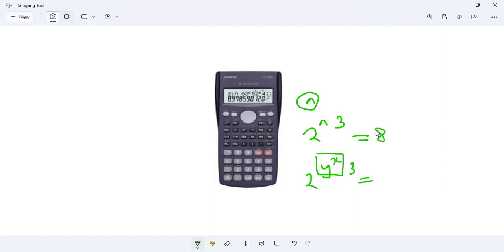Kindly confirm, all of you, that's what you're getting. My picture is a little bit blurry. Can you try to find 2 to the power 3 and 2 to the power 5 on your calculators? Now find 2 to the power 5 equals, don't forget equals 32. 32. So that's how we find it.